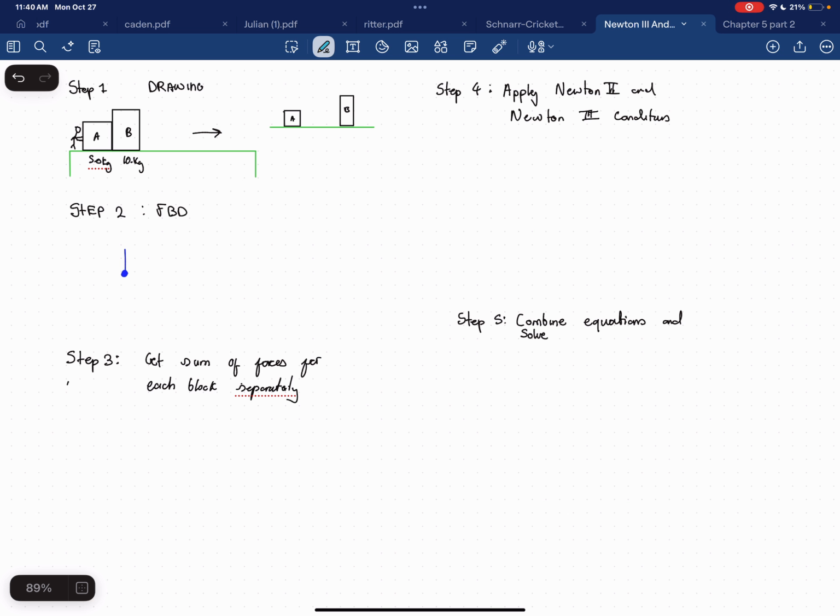Block A. Let's begin with block A. So of course we have our normal force on the surface. So we have our weight. Normal, weight. And what do we have across? We have the force of the push.